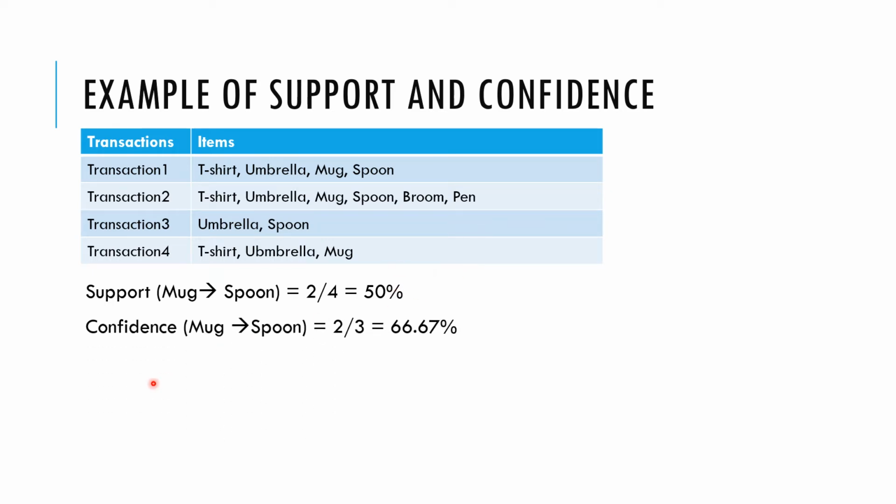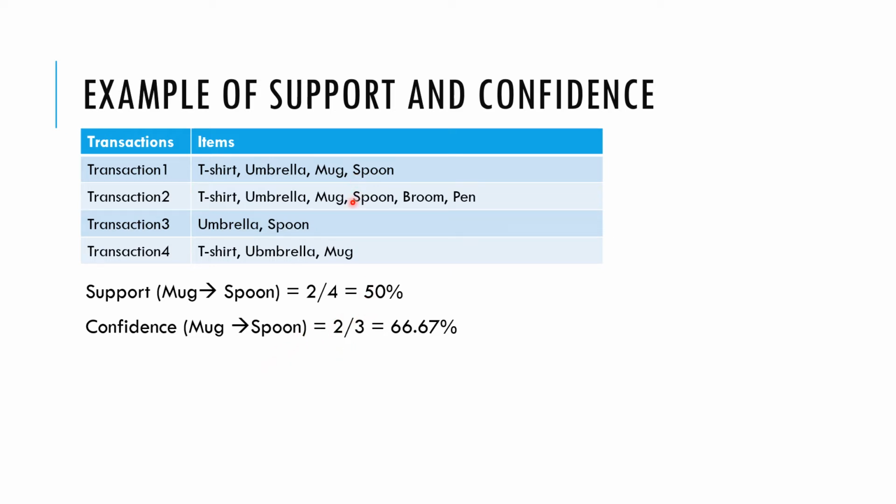That is support. Confidence is, out of all the records where mug has appeared, how many times spoon has also appeared. First let's see how many times mug has appeared: 1, 2, and 3 times. And how many times has spoon appeared wherever mug has appeared?